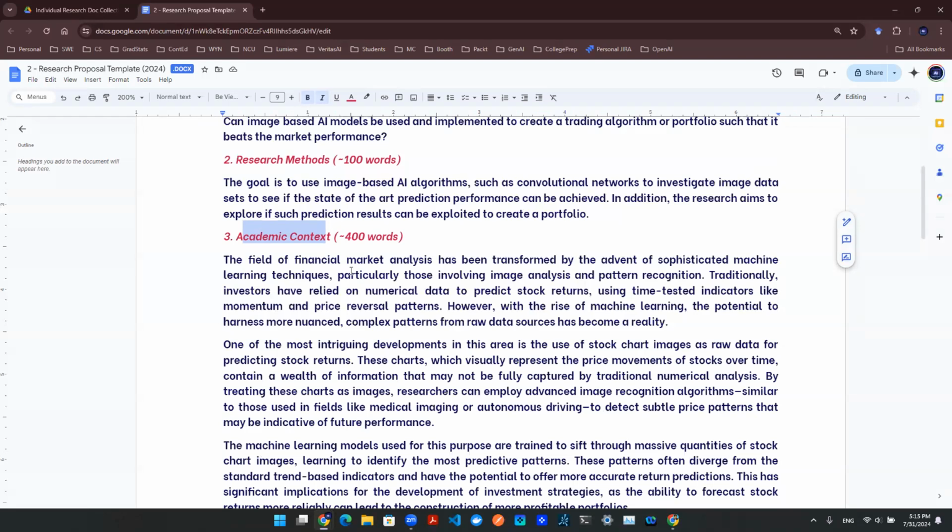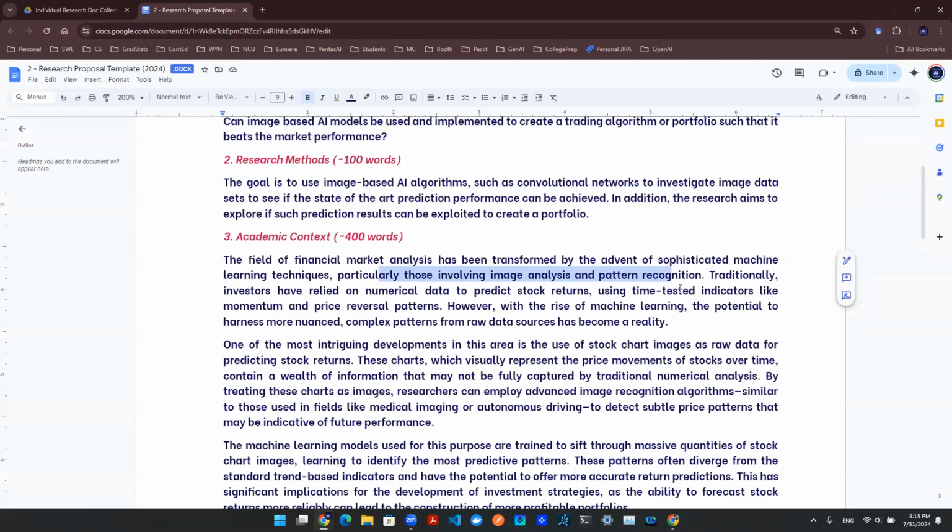So you want to start with something that's very broad. The field of financial market analysis has been transformed by the advent of sophisticated machine learning techniques, particularly those involving image analysis and pattern recognition, things like that. It is really talking about traditionally what people have been doing, and then potentially what are some of the results.